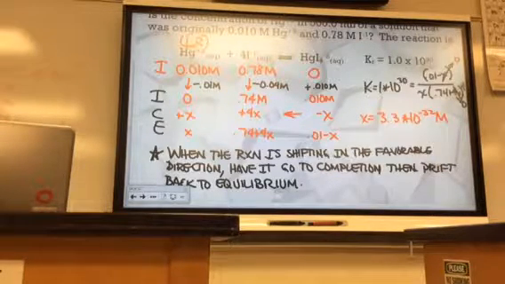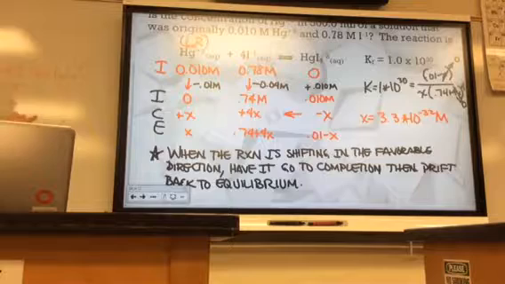Okay, looks fair enough. The K value is 1 times 10 to the 30th, and that's equal to products, x, over reactants, 0.01 minus x times 0.78 minus 4x quantity to the 4th.